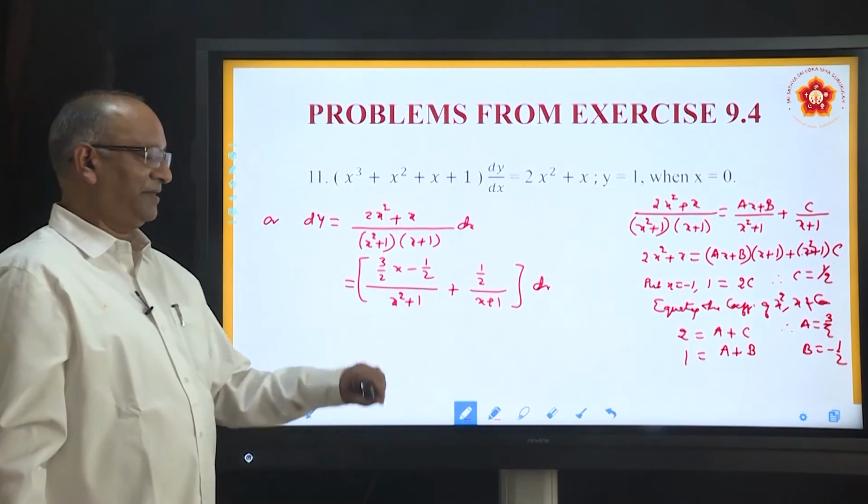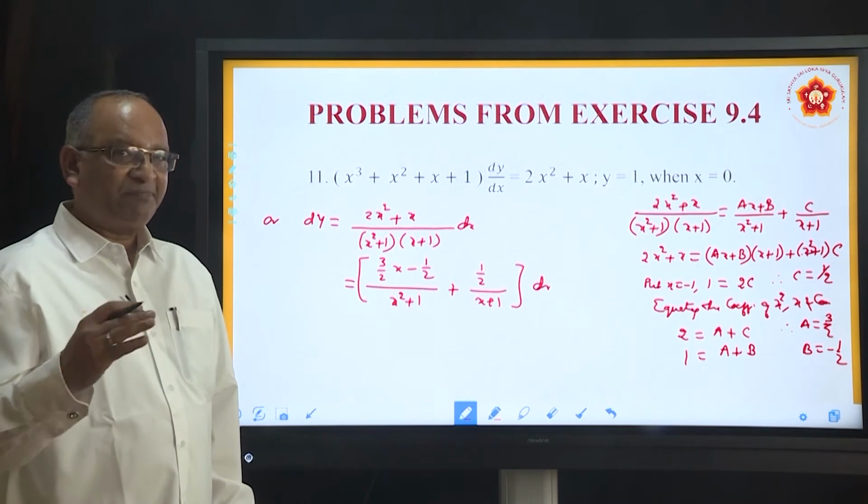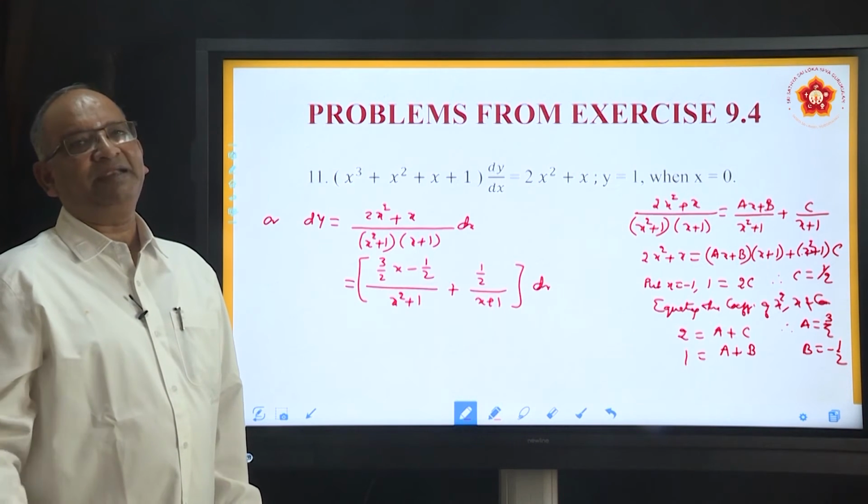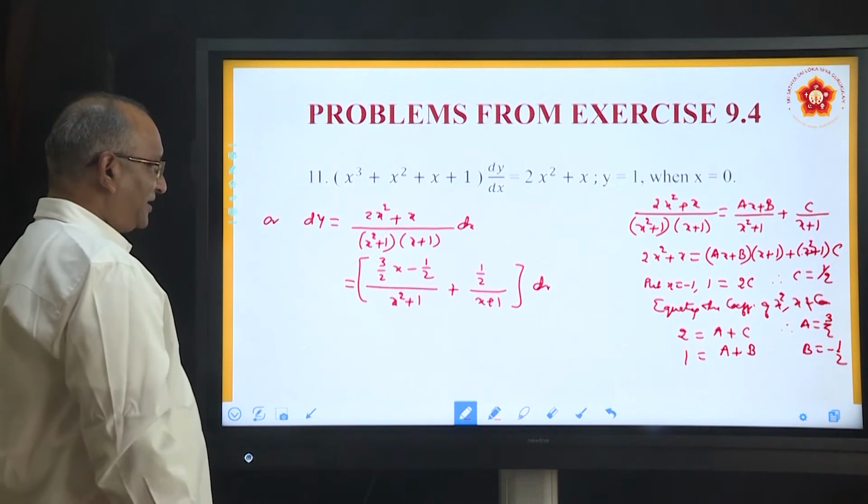We have separated them. Now we have to simplify further so that it can be integrated. So what can you do?